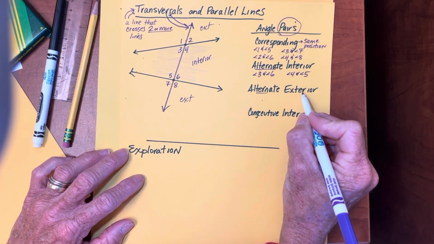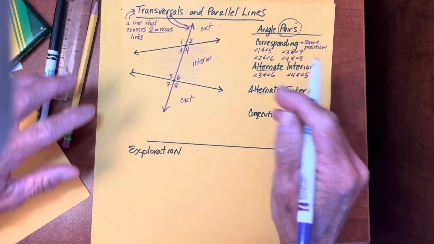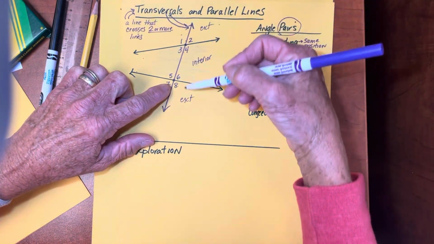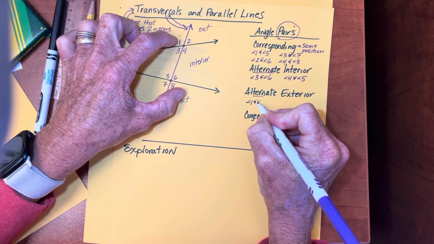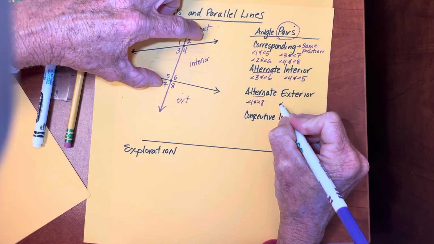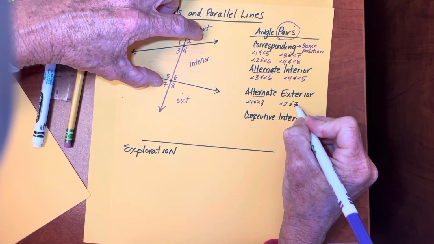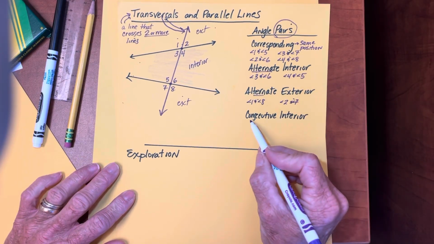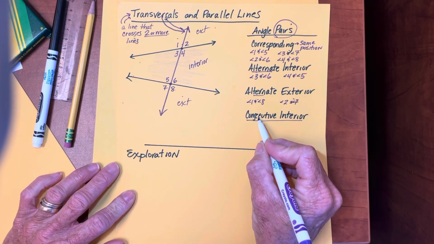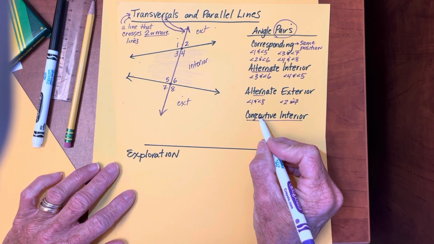And the same reasoning can be applied for alternate exteriors. They're going to be on the outside on opposite sides of the transversal. So we have angle 1 and angle 8, and then angle 2 and angle 7. And then the only other type, and there again will be 2 pairs of these, is consecutive, which means one right after the other.